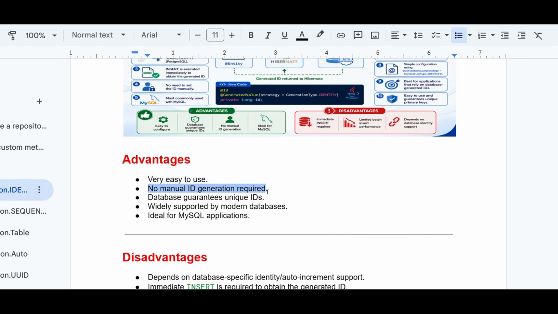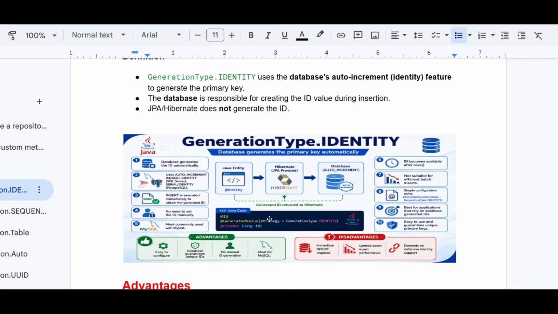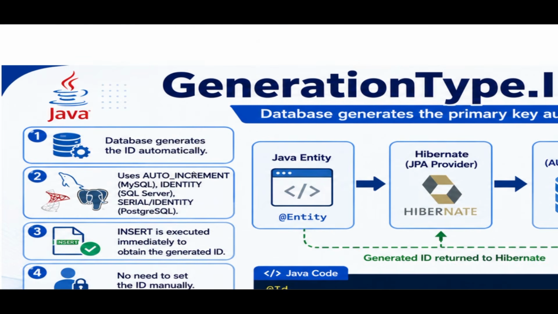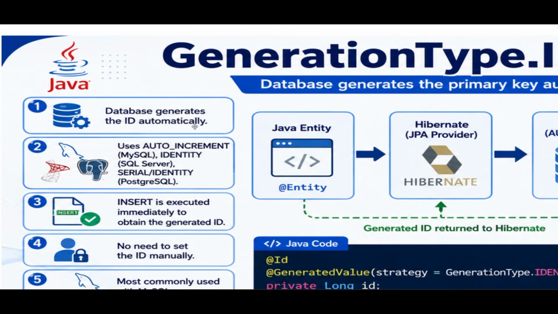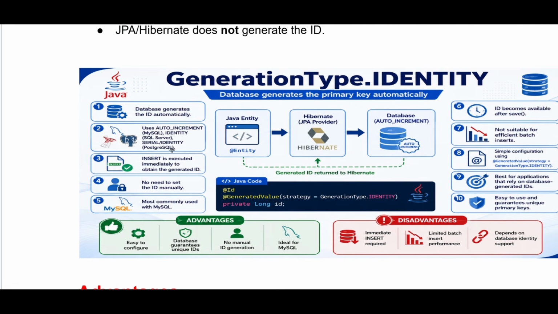It is automatically generated by MySQL, you do not worry. The database guarantees unique IDs. It is ideal for MySQL. The database generates the ID automatically, using AUTO_INCREMENT in MySQL and IDENTITY in SQL Server.